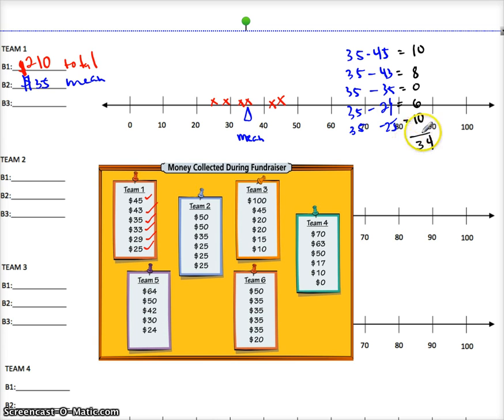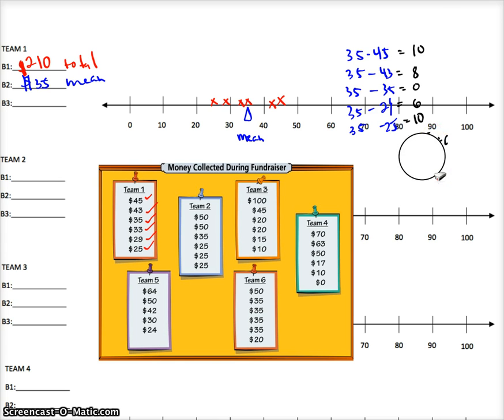I'm going to find the average one more time. Divide this by 1, 2, 3, 4, 5 numbers. Oh, I'm missing one. Okay, so let's figure out which one I'm missing. I have 43, 35. I'm missing 33. Okay, so 33. 35 minus 33 equals 2.